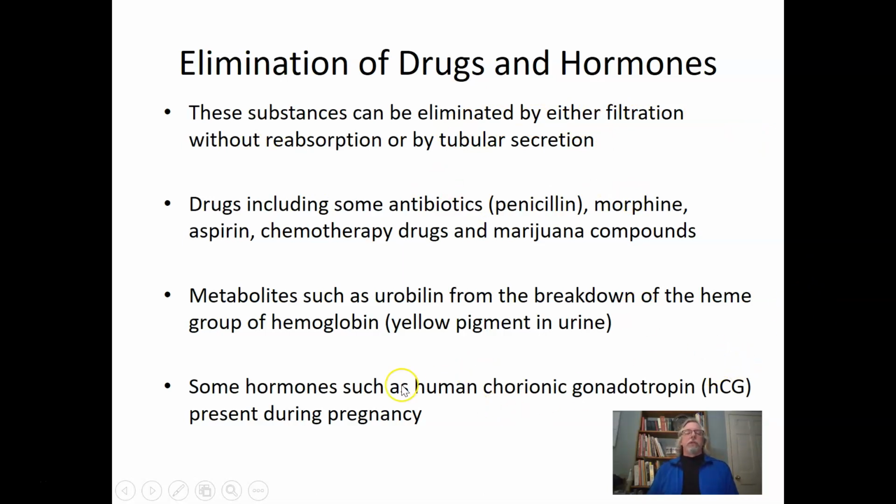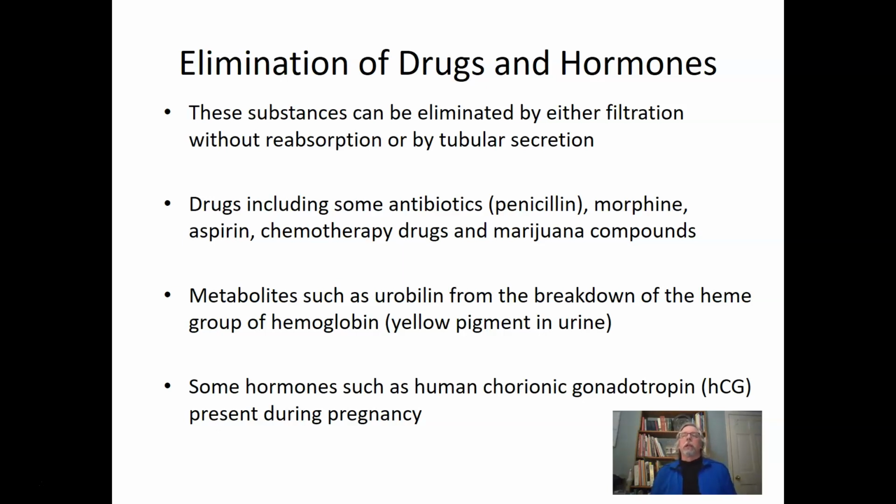Another example is the hormone called chorionic gonadotropin, or HCG. This is the hormone that begins circulating during pregnancy, and this is the hormone that's tested for during a urine pregnancy test. This is a protein hormone.